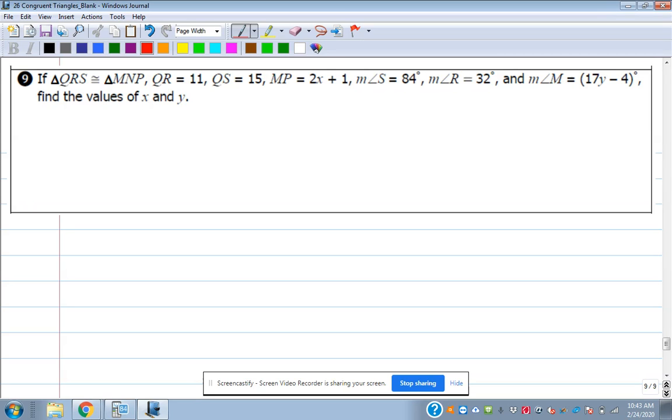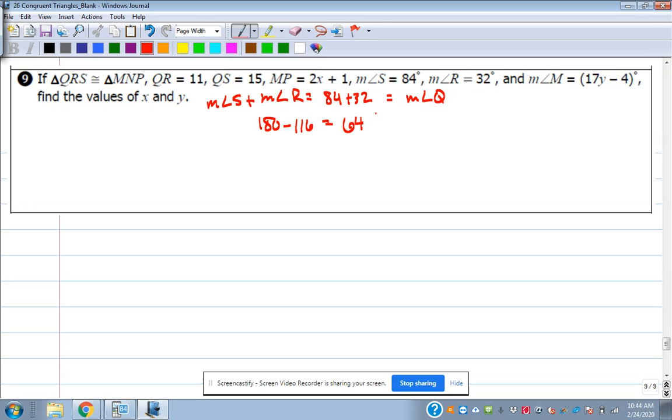Okay, adding S and R, subtracting from 180 would get you angle Q, which is congruent to M. So, all right, so measure of angle S plus measure of angle R, 84 plus 32, is 116. 180 minus 116 would give you the measure of angle Q. And that's 64.